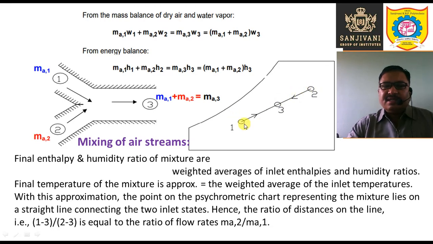The distance between point 1 and 3 and the distance between point 2 and 3 depend upon the mass of the air in stream 2 and the mass of the air in stream 1, and approximately we can write this equation, which equates the ratio of the distances to the ratio of the masses, right?